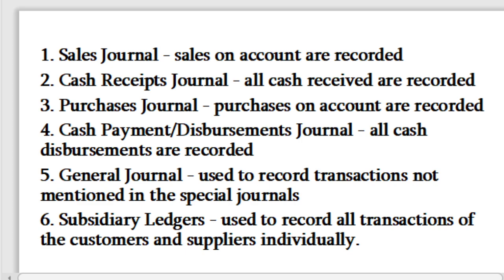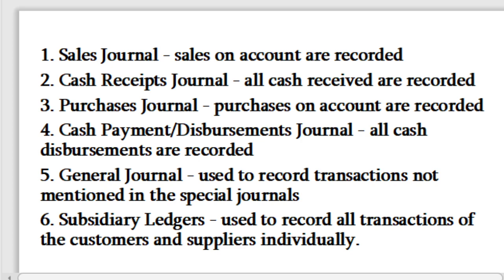Lahat ng transactions na hindi mo maka-classify sa ating special journals ay nilalagay natin sa general journal. Example nito is yung mga expenses na walang cash outflow, like yung depreciation expense natin, yung provision for bad debts, correcting entries.